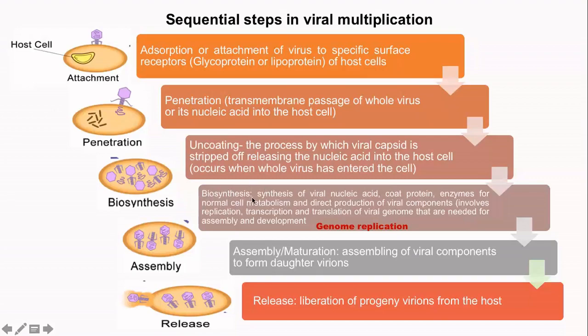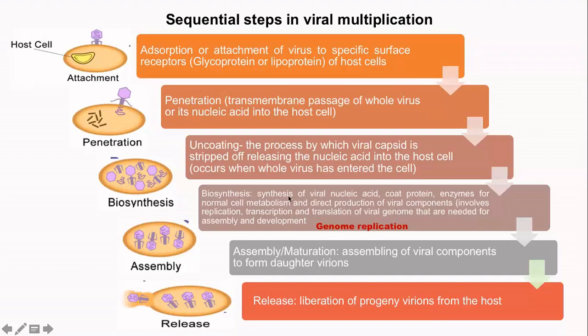So what happens during this biosynthesis? Mainly genome replication takes place, as well as whose genome? The virus genome. And then it also starts producing host proteins, enzymes needed for the metabolism, enzymes needed for the replication of the viral genome, as well as the transcription and translation of the viral genome, which helps in the final production of the capsid proteins.